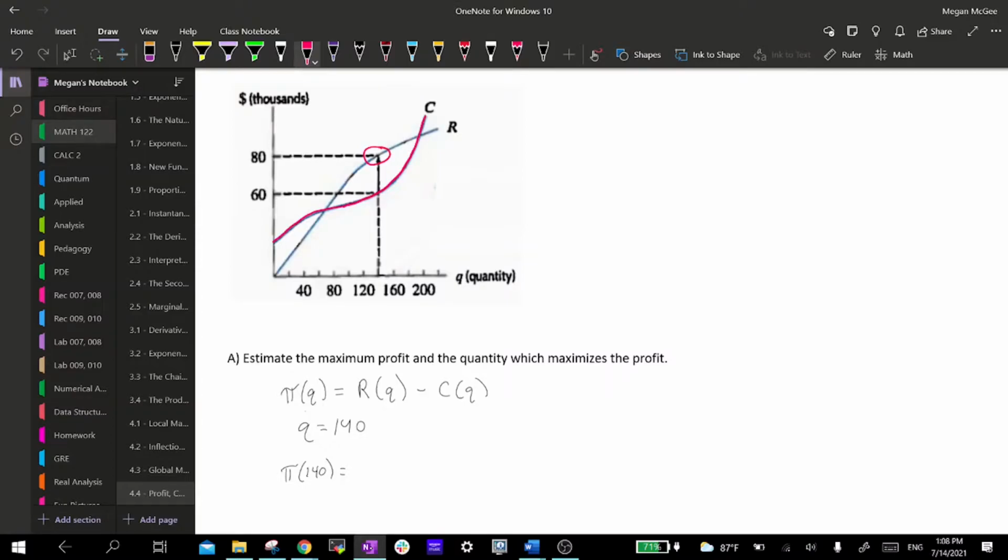This is our revenue function, and we're given that the value is 80,000. So 80,000 minus the cost, which we're given as 60,000. So our estimated max profit is about $20,000.